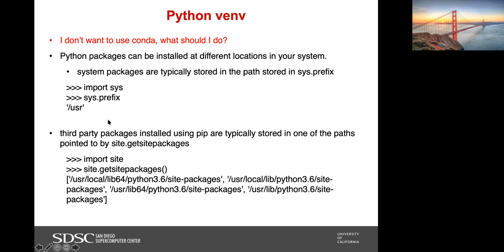So if you just go to TSCC, type python3 and import sys, you'll see this. And some of the third-party packages can also go into the location pointed to by site.getsitepackages on TSCC. I think I did it on TSCC, and these are the various locations at which they get installed.